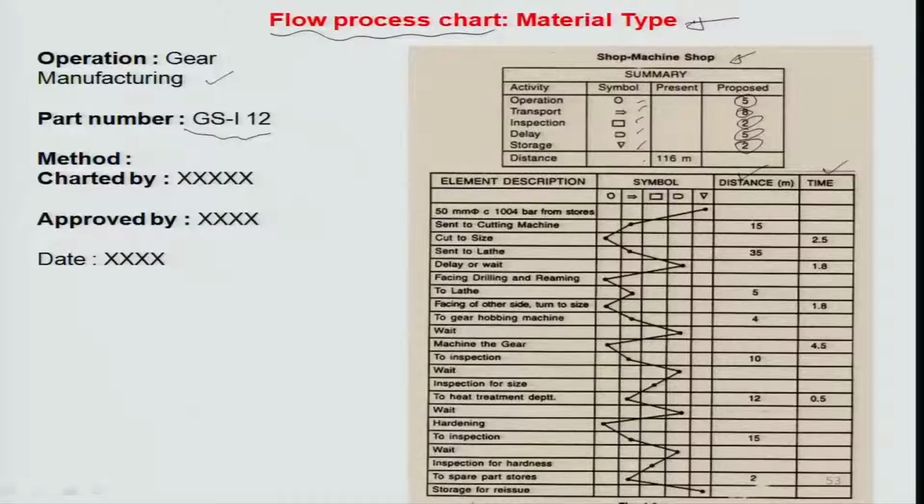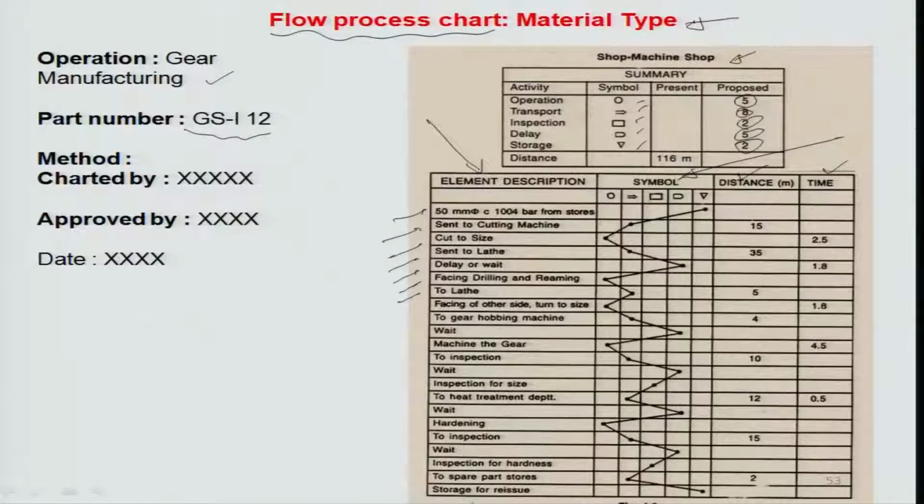If I look at how this chart has been plotted, you see there is an element description, and there is also a symbol based on whether it is an operation, transport, inspection, delay or storage. So it is a classification, and the element descriptions are the different activities which are used for this whole hobbing process.